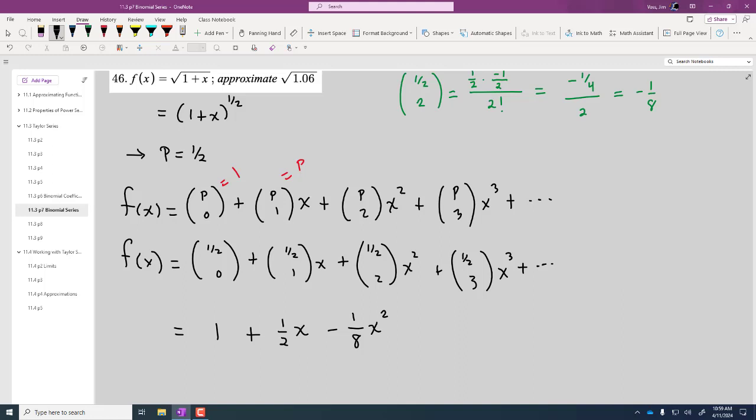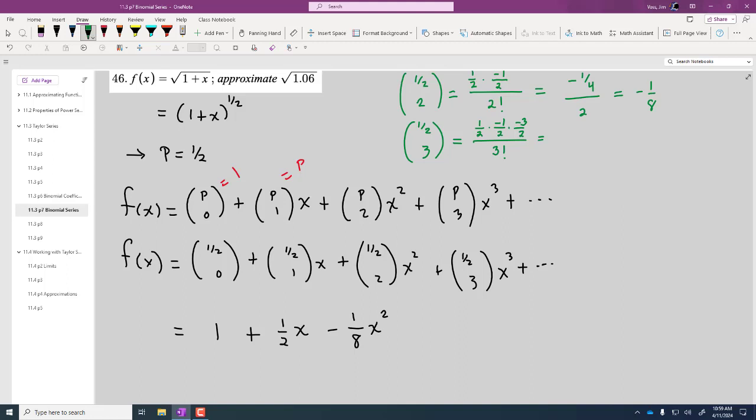Now we go to 1/2 choose 3. Same thing, we're going to start in the numerator with 1/2. We are going to do repeated subtraction by 1 until we get to 3 factors. So we started at 1/2. First subtraction takes us to -1/2.